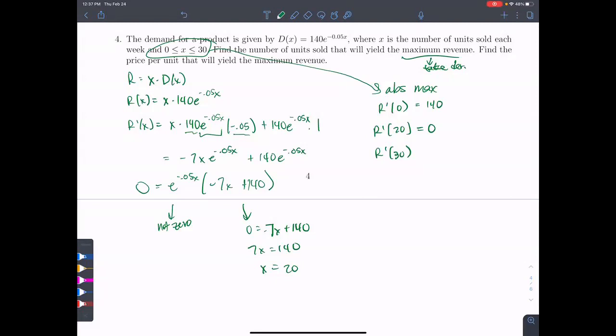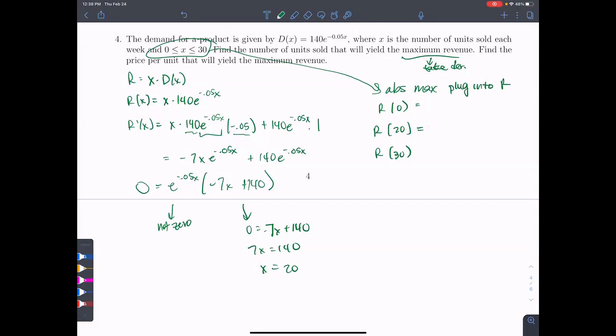When I plug in 30, oh, you're not supposed to plug this into the derivative when you do absolute extrema. This is why my answers don't make any sense. When you do absolute extrema, you plug into the regular function. My goodness, I was very confused.